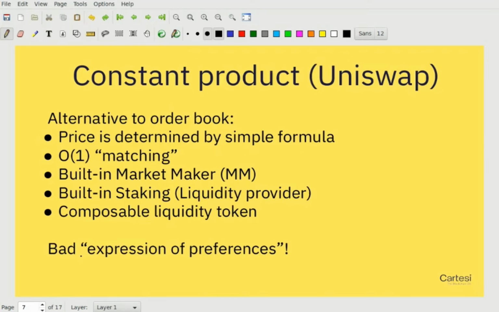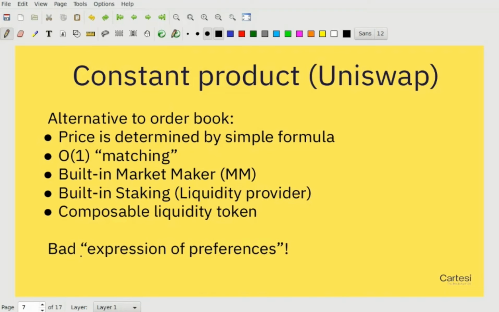So let's say you give 500 Ether and 1 million BUSD, and you get some liquidity tokens that in return will give you this product of these volumes. You don't know if you're going to receive in the end the same proportion of Ether and BUSD, but you're going to receive some combination of them that when you multiply their quantities, you get the same product as you had before.